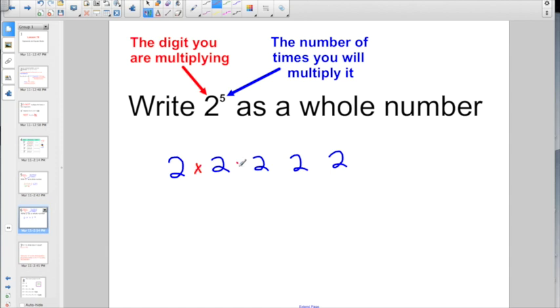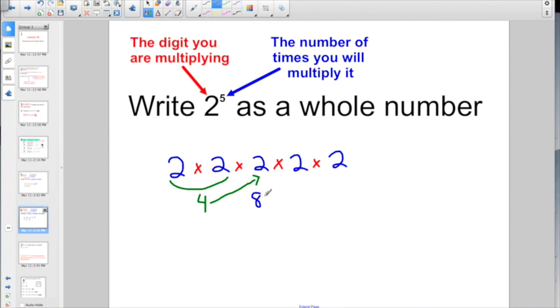So put in all your multiplying and get ready to multiply. Remember, you can only multiply two numbers together. So I start off 2 times 2. Hey, that's 4. And then I'm going to multiply that product by the next number. 4 times 2, that's going to give me 8.